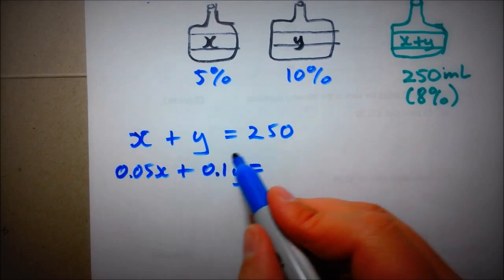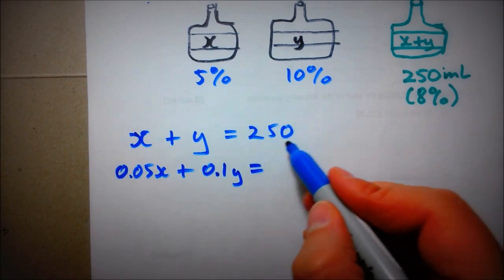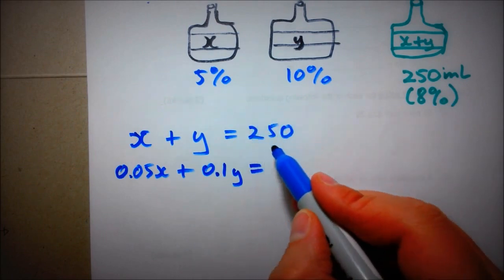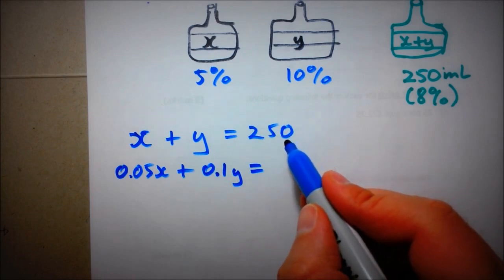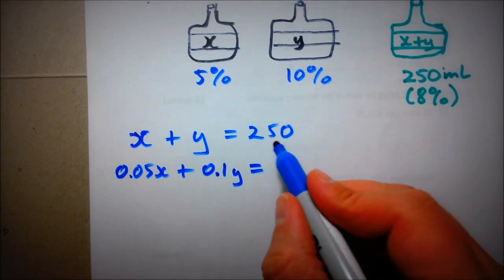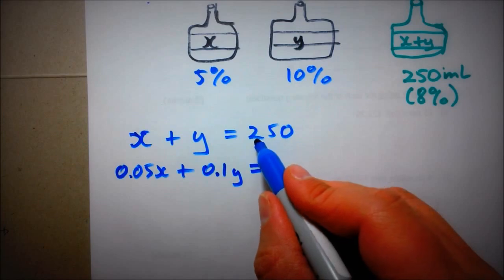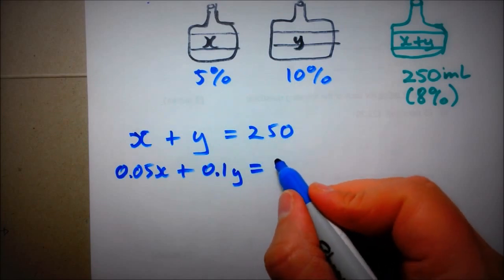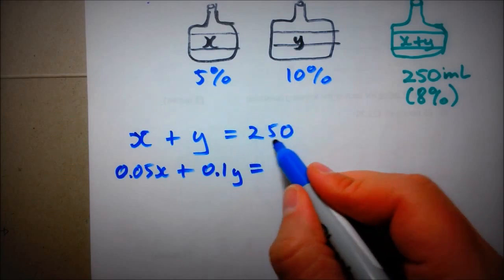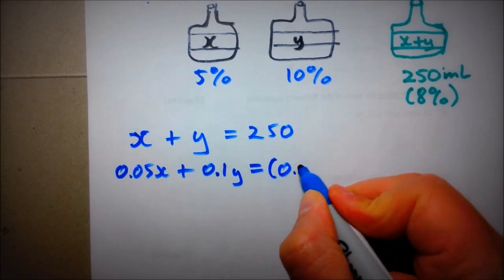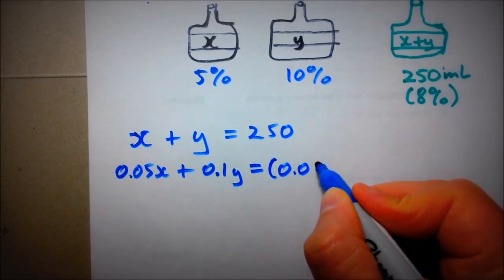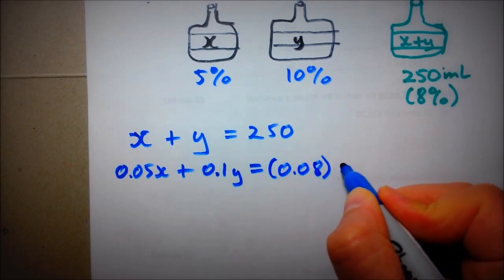Now we want to get a total of 8% of this. So we know what the final amount is going to be, the 250 milliliters, but the percentage of it, we want 8% of this to be acetic acid. So how do we show that? How do we show 8% of 250? Well, it's very easy. We just multiply 250 by 0.08.